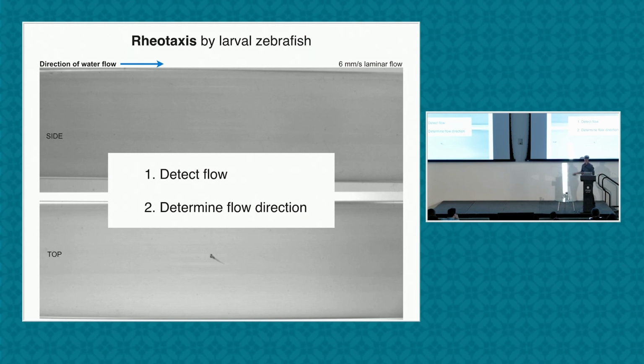This, by the way, is called rheotaxis. So the question here is, how can the fish tell that there is flow and determine direction without using exocentric reference frames? What the fish does is use an endocentric reference frame using exclusively mechanosensation.